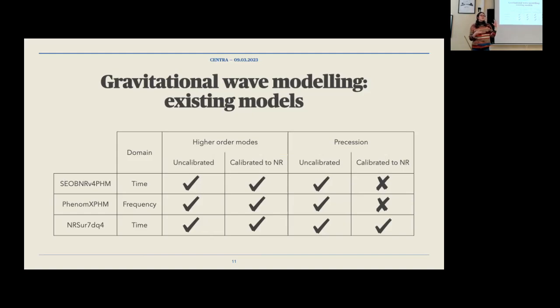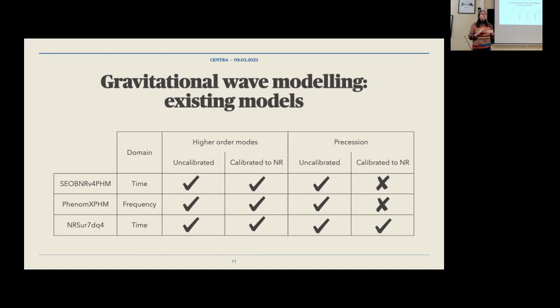But the gravitational wave data analysis, the comparing of the signal to the model, is done in the frequency domain. So in order to have a model that is sufficiently fast to use for analysis of order thousands of events, it's often more advantageous to go into the frequency domain to produce your modeling, which then also happens.